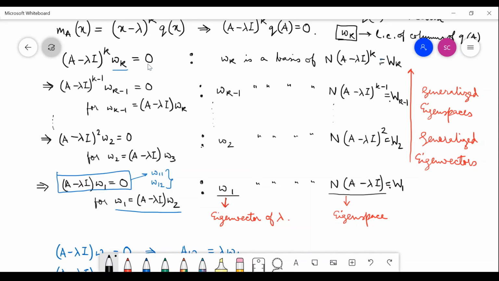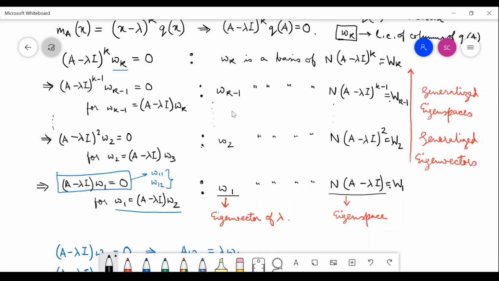Again you will get 0. That means omega k minus 1 is also a basis vector of this null space. Similarly, all these lower order eigenvectors are actually basis vectors of these highest order eigenspace.